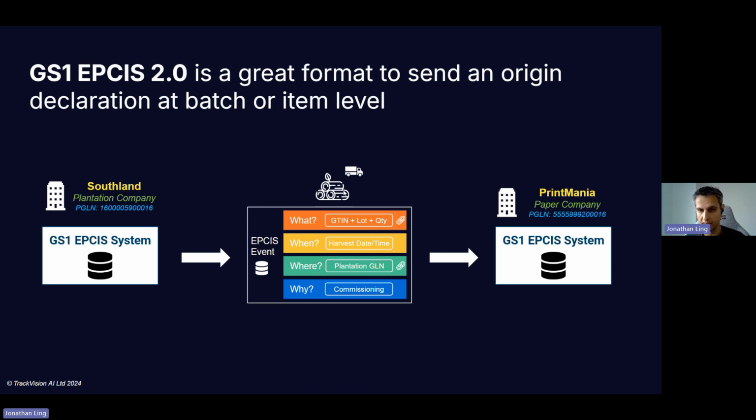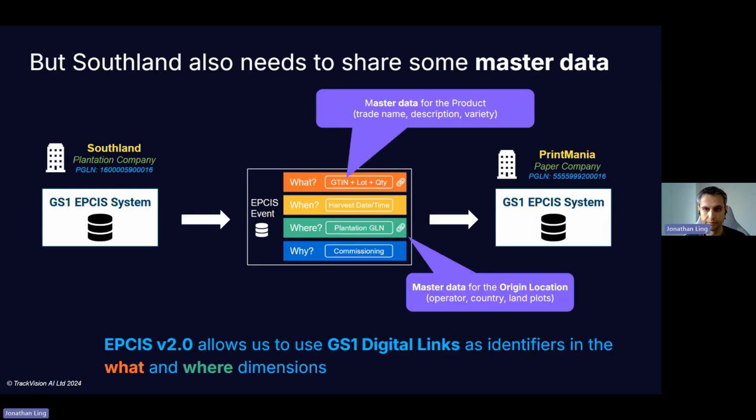The what is the GTIN and the lot number of the product itself. And then the when dimension is when we harvested it, and the why was for harvesting reasons or commissioning, as EPCIS would say. So Southland could generate this EPCIS event and send it to Printmania, and both of those organizations could use their own system from different vendors and still have interoperability.